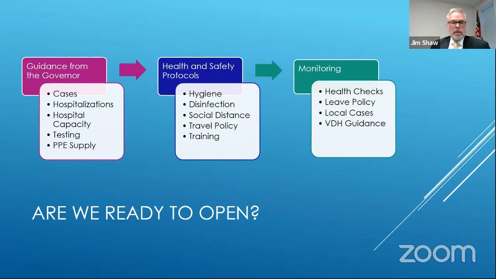We're making decisions about our preparedness to reopen based on a number of factors. First, we're looking to guidance from the governor's office. So we take our cues from the governor.